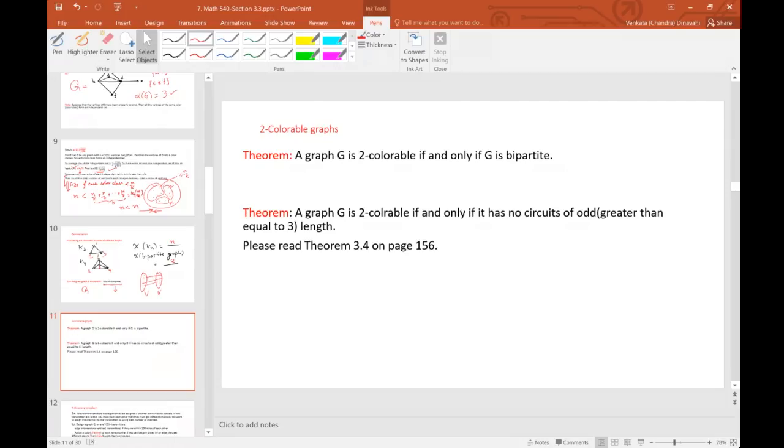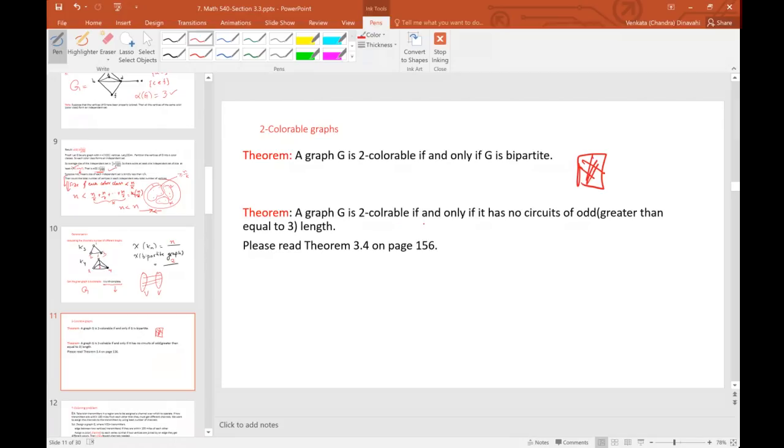Suppose the graph is two colorable; then you can also prove that it is bipartite, because you group all the vertices with one color together, and that is going to be one part, and group all the vertices with the other color, and that is going to be the other part. This proof I am going to leave to you to think about. It is an extremely easy one-line proof.